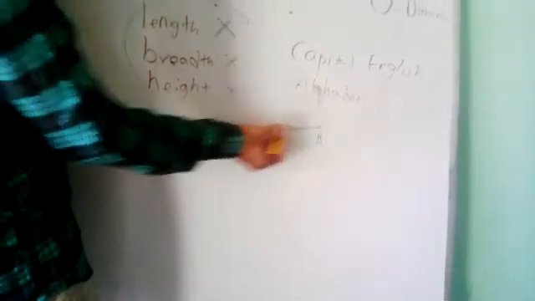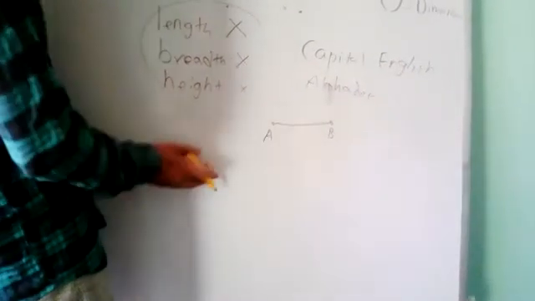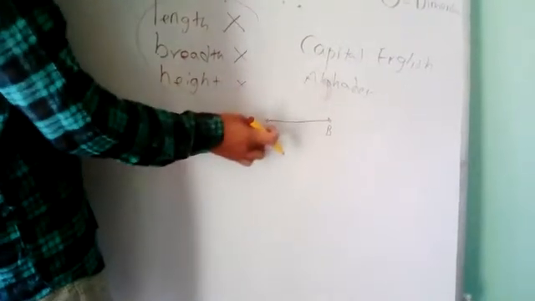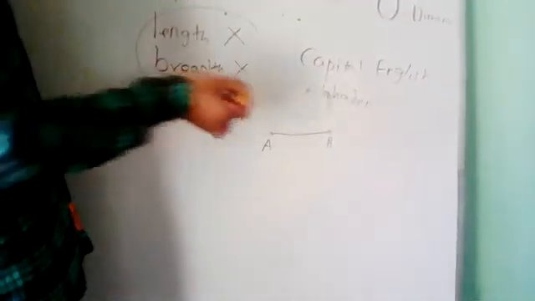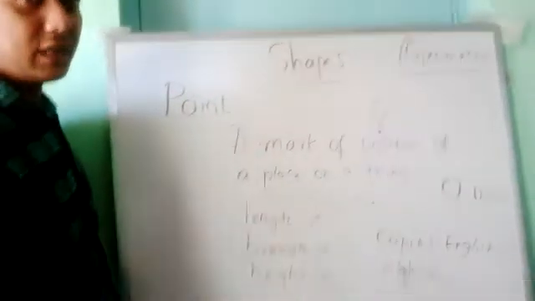A person moved from A to B. This is point A. Of course, this small dot is not Anantapur, it is the location of Anantapur on the map, indicated by a small dot. Is that clear? So this is the point definition.